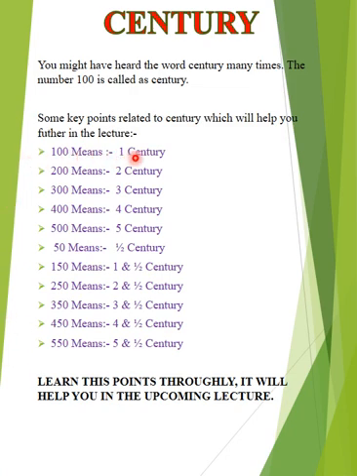100 means 1 century. 200 means 2 century. 300 means 3 century. 400 means 4 century. 500 means 5 century. 50 means half century. 150 means 1.5 century. 250 means 2.5 century. 350 means 3.5 century. 450 means 4.5 century. 550 means 5.5 century.